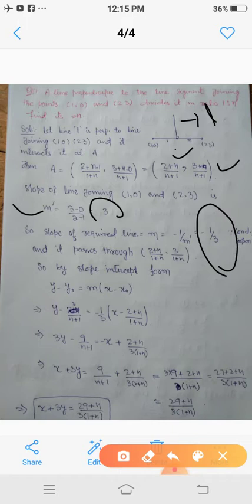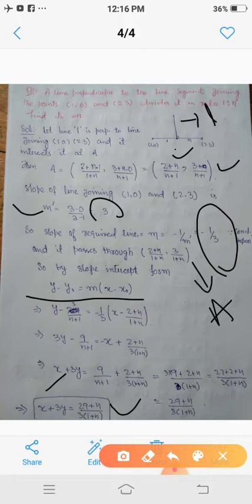Now we have a point through which the perpendicular passes, that is point A, and we have its slope, minus 1 upon 3. So by slope point form, which is y minus y naught equals m times x minus x naught, substituting y naught equals 3 upon 1 plus n, x naught equals 2 plus n upon 1 plus n, m equals minus 1 upon 3, we simply get by simplification x plus 3y equals (29 plus n) upon 3 into (1 plus n).